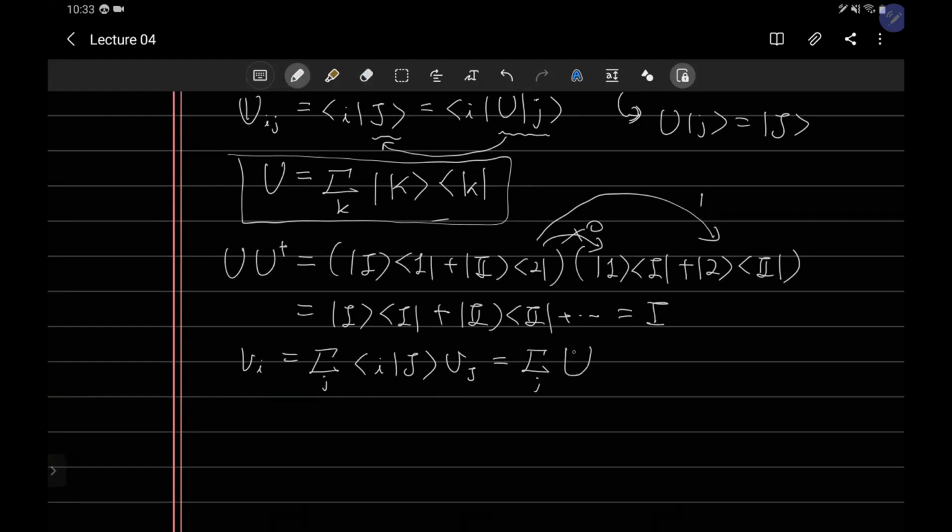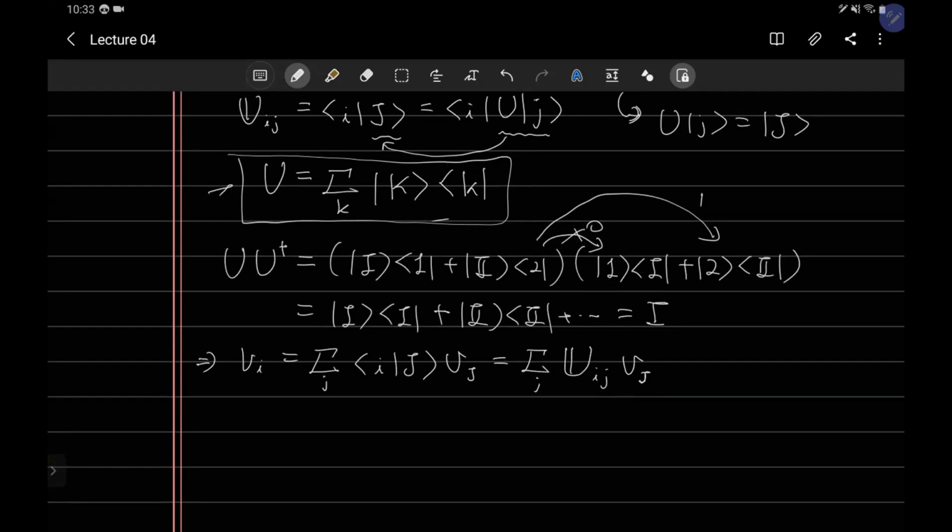We can also write this as the Ij component of the matrix representation of this unitary operator. And so this is the transformation of the vector component.